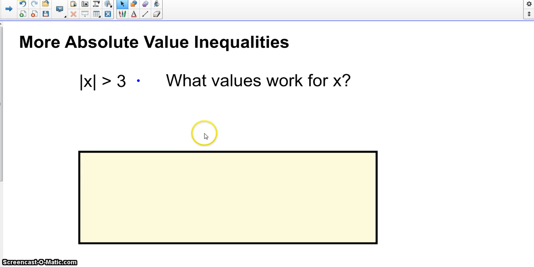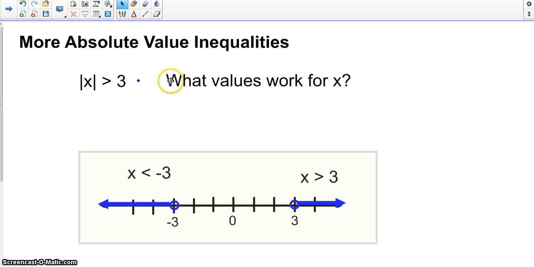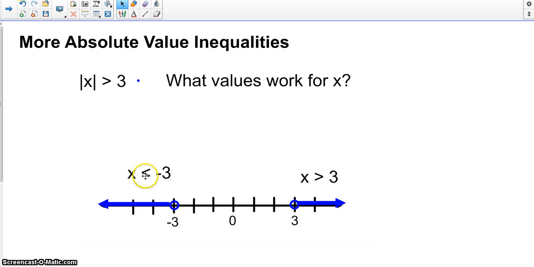So this is kind of what we're looking at for this one, okay? All the values that are less than -3 could be plugged in here and would work. -4, -5, -6. Plug them in here and notice that you'll get something bigger than 3. Over on this side, positive numbers bigger than 3 would also work in that absolute value. Okay?